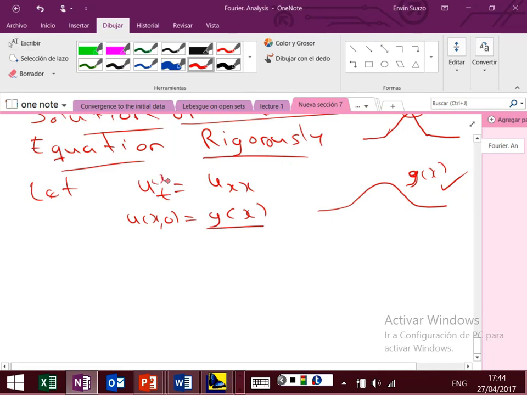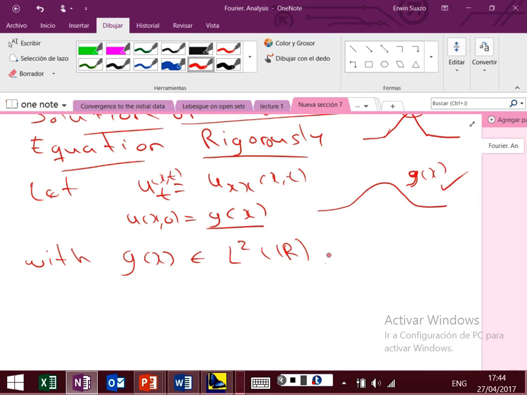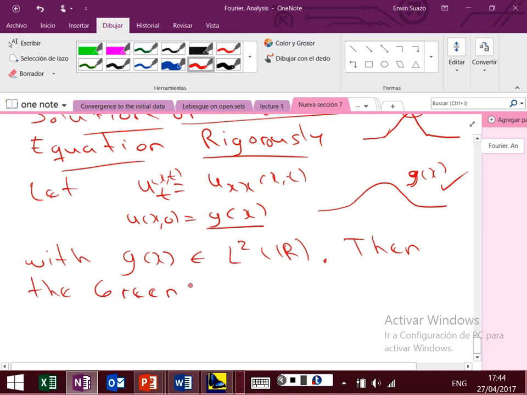So let's consider this heat equation. Remember, this is (x,t) and this is (x,t). So let the heat equation have g of x being in an L2 space. So g of x is square integrable. That's another way to say it. Then the solution, let me write it, the Green's function representation.